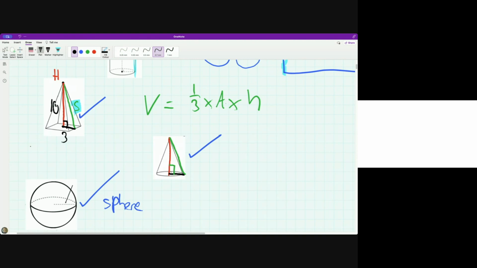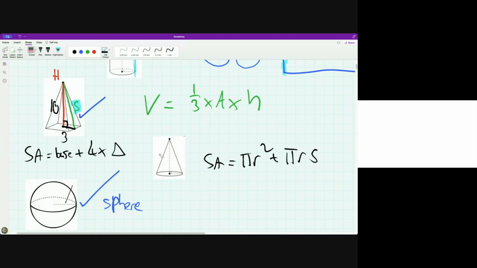For this one over here, it's just going to be whatever the base is plus 4 times whatever the area of the triangles on the outside are. Whereas here, we're going to have pi r squared for the surface area of the bottom, but we're also going to have an extra bit called pi rs, which is going to take care of these pieces over here. And again, this will be given to you.